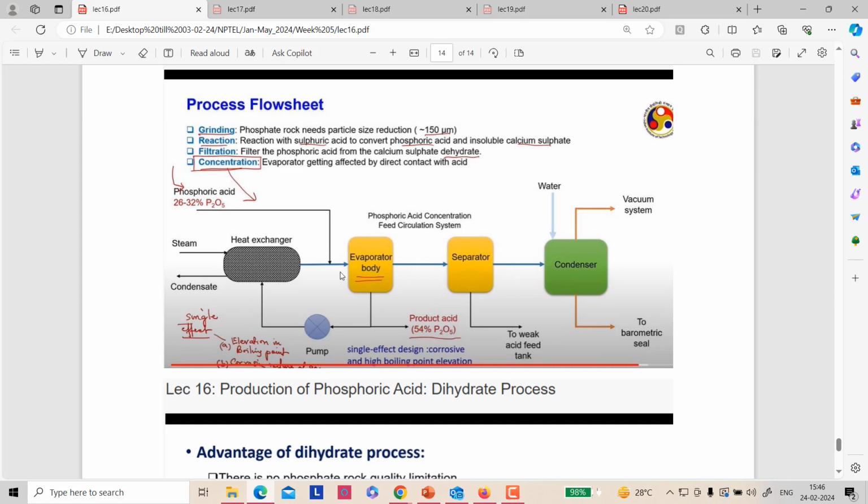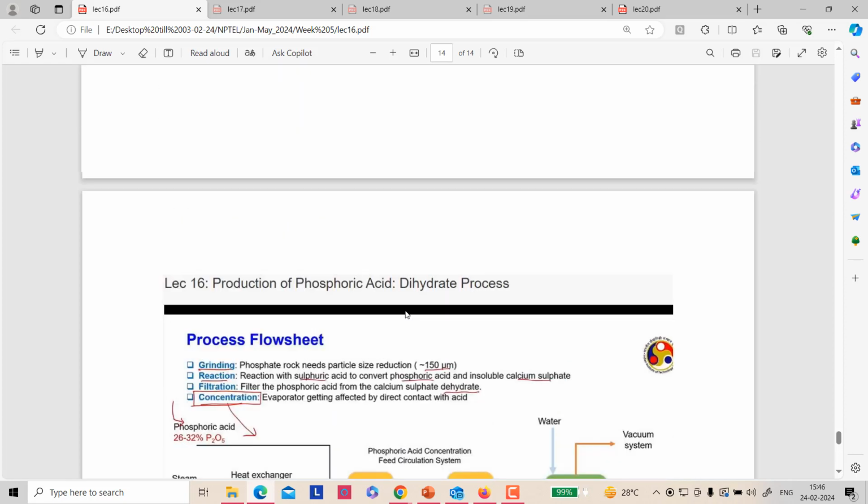Here acid is concentrated from 26% to 54%. In this stage the heat exchanger is needed, and steam is supplied from outside to make the hot fluid. High energy is required. That is the reason.